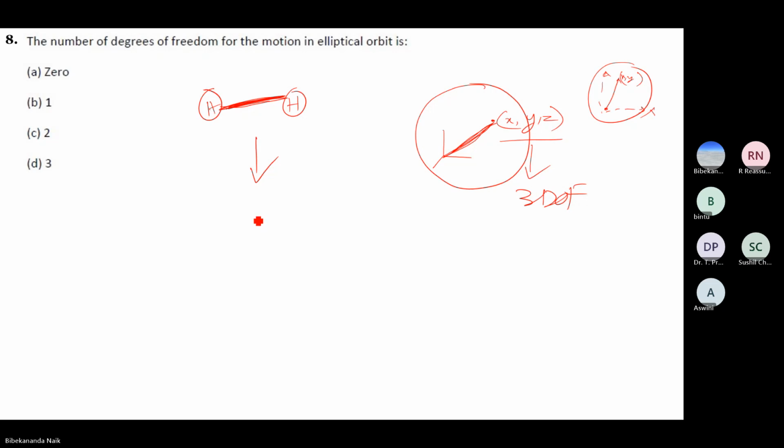No, not one. Obviously these are in space, so when the object is moving in space, we need 3 coordinates. For this hydrogen atom, we will need x1, y1, z1, 3 coordinates. Degrees of freedom is 2? No, not 2.